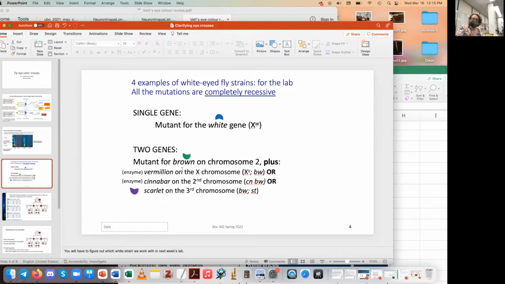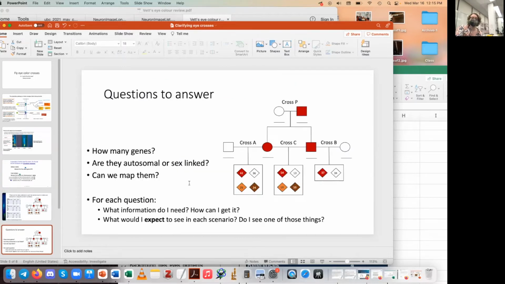Does that make sense? So here we know that brown is on chromosome 2, which is an autosome. Do we see any sex-linked traits? No. We don't see any sex-linked phenotypes going on here. And most importantly, this cross P produced exclusively wild-type phenotypes.